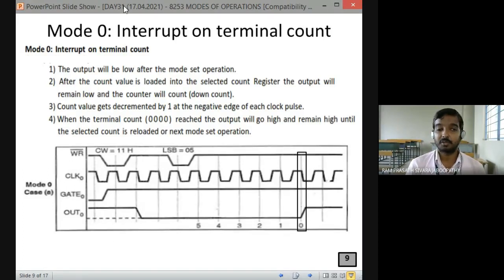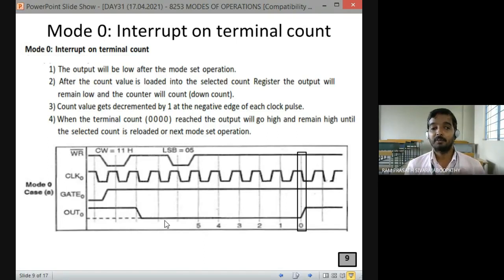நல்லா யோசிச்சு சொல்லணும். Interrupt on terminal count meaning என்ன? After 5 count எனக்கு interrupt generate ஆகும்னு சொல்லியிருக்கேன். நான் மோடு செட் பண்ண உடனே எனக்கு என்ன ஆயிடுது, அவுட் பின் லோ போயிடுது. That means the out pin becomes low. இது வரைக்கும் லோலி மெயின்டைன் ஆகும். நீங்க ஒரு கவுண்ட் வேல்யூ போட்டு அது டெர்மினல் கவுண்ட் ரீச் ஆகுற வரைக்கும். Is it clear now?